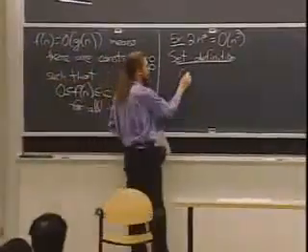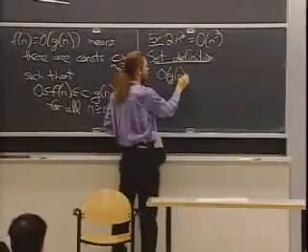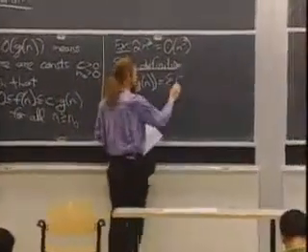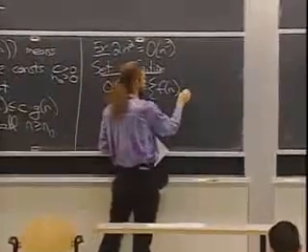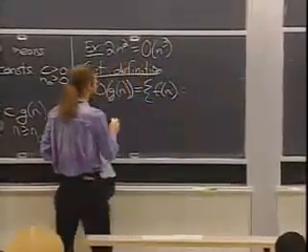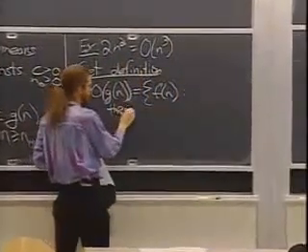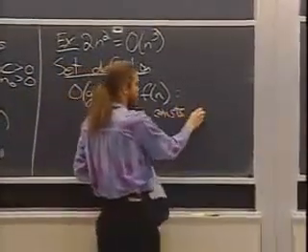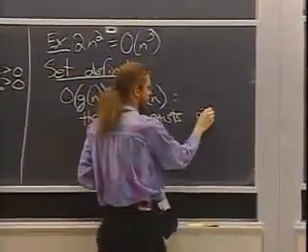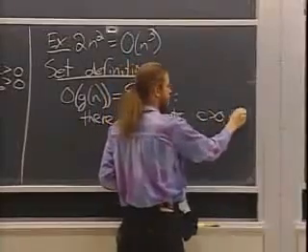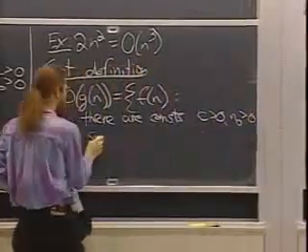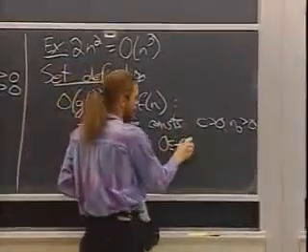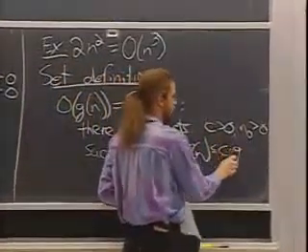So you could define big O of g of n to be the set of functions, let's call it f of n, such that there exist constants c and n naught, the same definition, nothing fancy here, such that we have the bound f of n is between 0 and c times g of n.